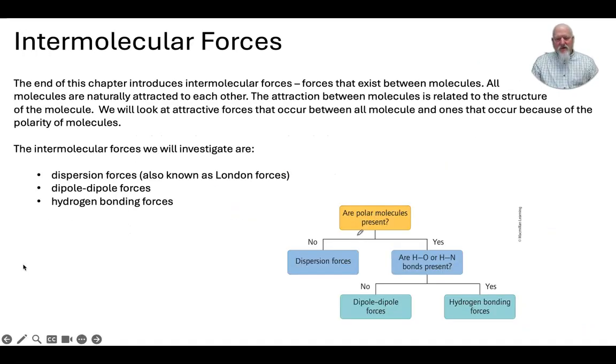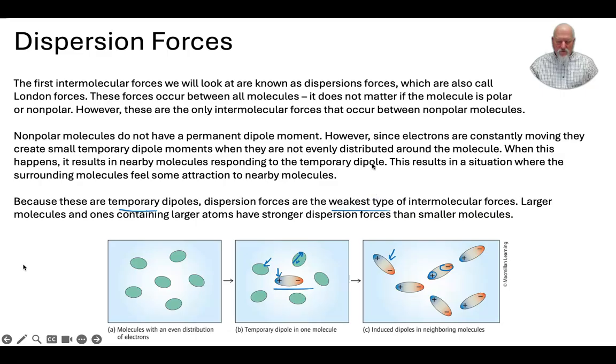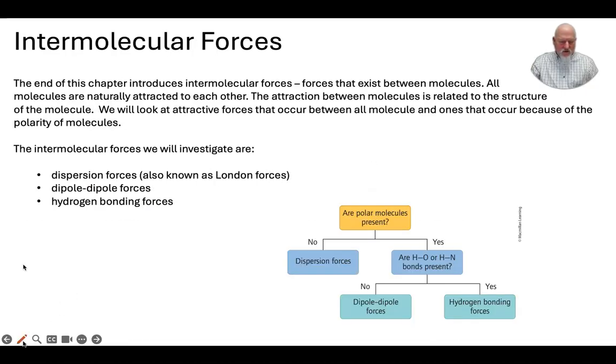Let's go back now. At the beginning we said we had this flowchart, and the flowchart tells us what intermolecular forces are active. If I don't have polar molecules, the only forces that hold nonpolar things together are dispersion forces. If I have polar molecules, the next question is, do the molecules contain any oxygen-hydrogen bonds or nitrogen-hydrogen bonds?